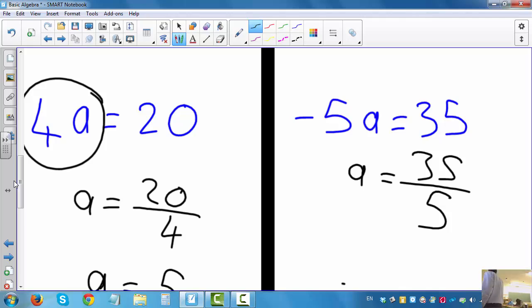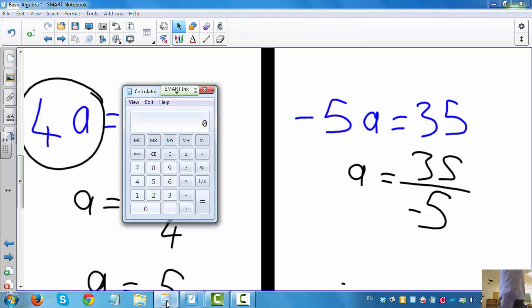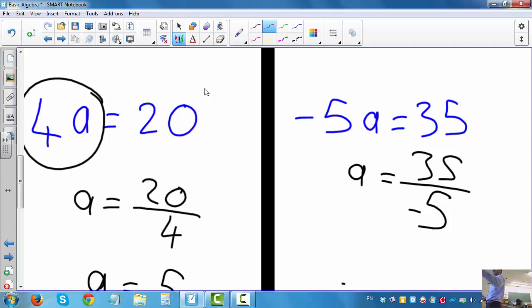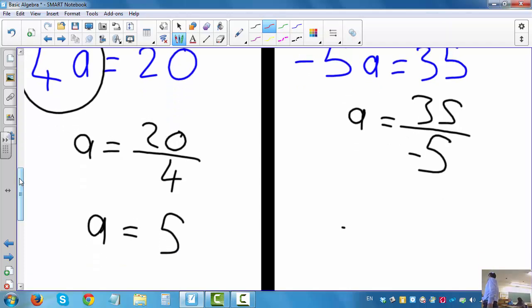Therefore, you're going to keep the number the same. It's going to divide by minus 5. And as I mentioned, if you are not good with negative numbers, let's use the calculator. 35 divided by not 5, negative 5, that will give you A equals minus 7.